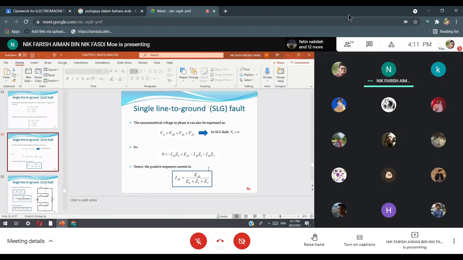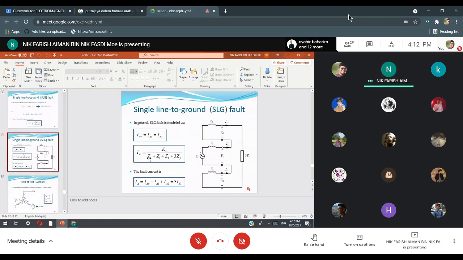So just substitute into the circuit equations from the circuit. So you have this general equation for positive sequence current. IA1 equivalent to EA1 over Z0 plus Z1 plus Z2. So from this general equation, we have this positive equivalent circuit, positive sequence.